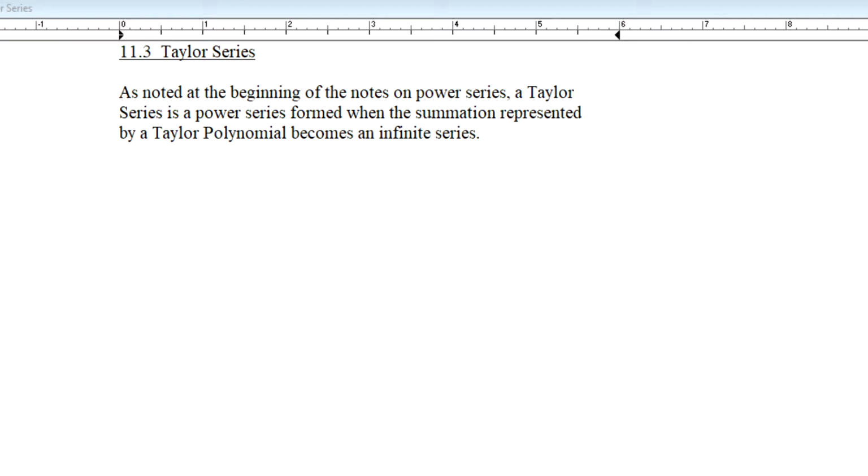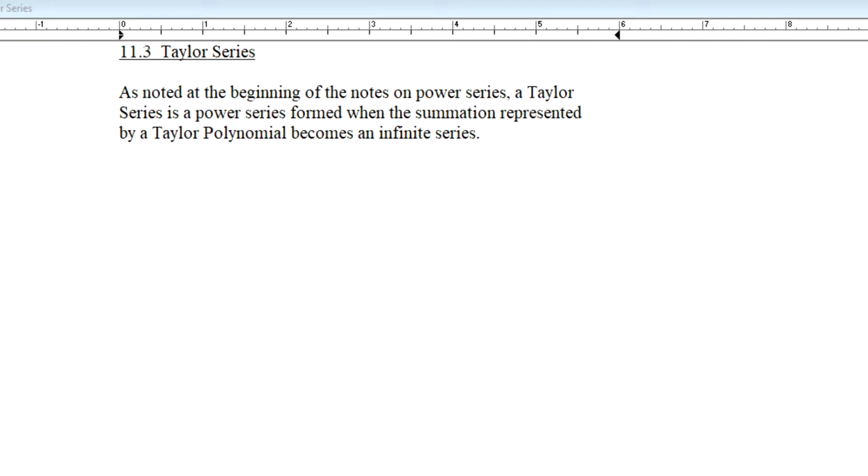Well, we're going to continue that idea today by going to the infinite degree with those Taylor polynomials. If we consider a Taylor polynomial where that summation happens to the nth degree where n heads off to infinity, we do have the case for what's known as a Taylor series.